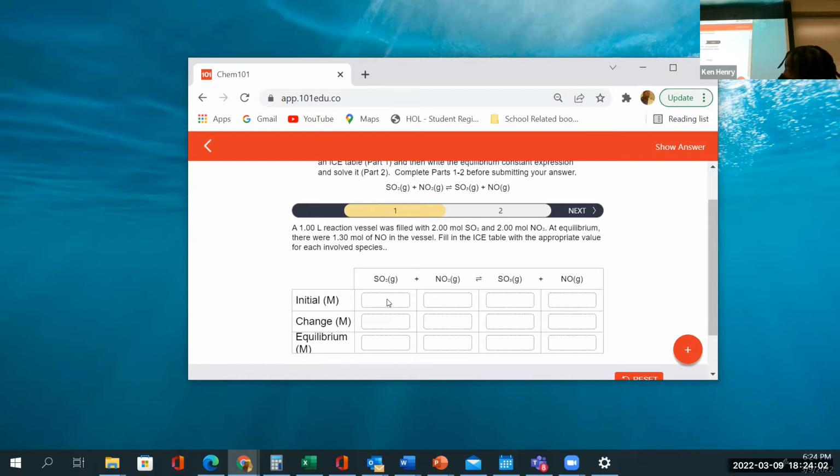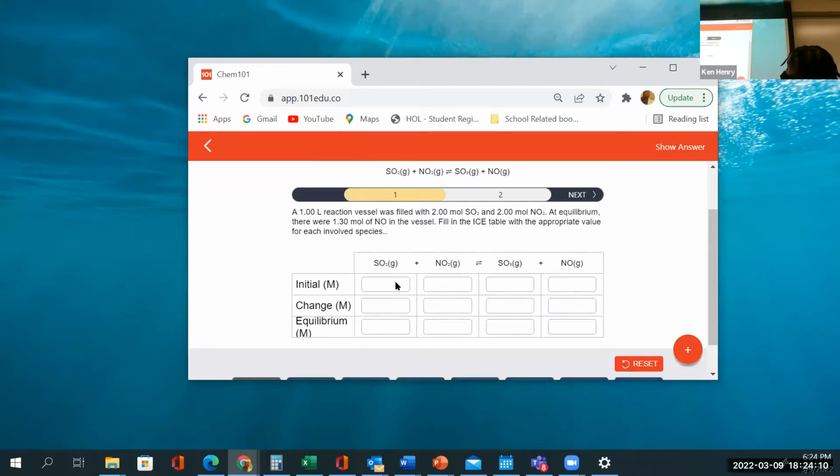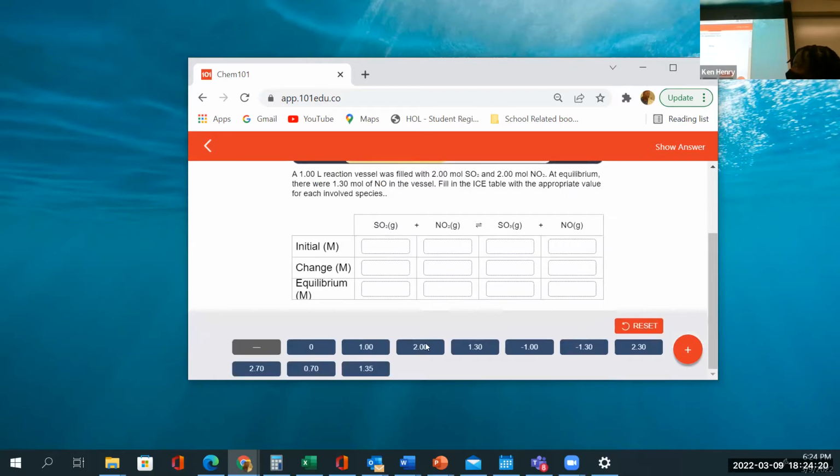Okay, so 2. I see what you mean, but it's not letting you. Oh, okay. Oh, good. I was like, it's not letting me put things in there. Okay.